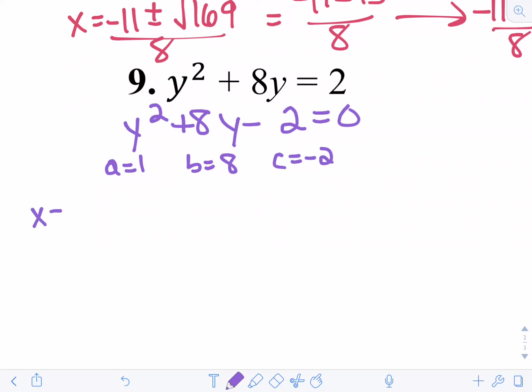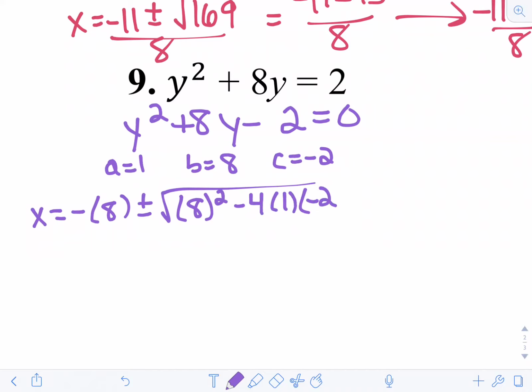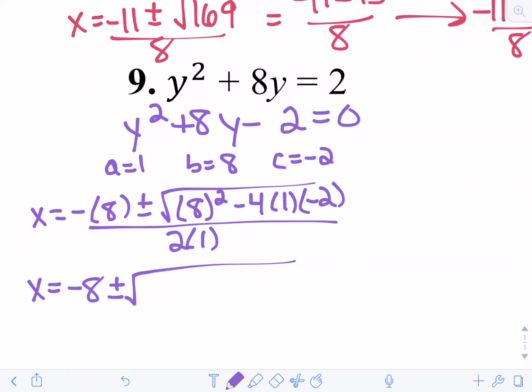So x is equal to -b plus or minus the square root of b squared minus 4ac all over 2a. So x is equal to -8 plus or minus the square root of 64 plus, -4 times -2 is a positive 8, all over 2.